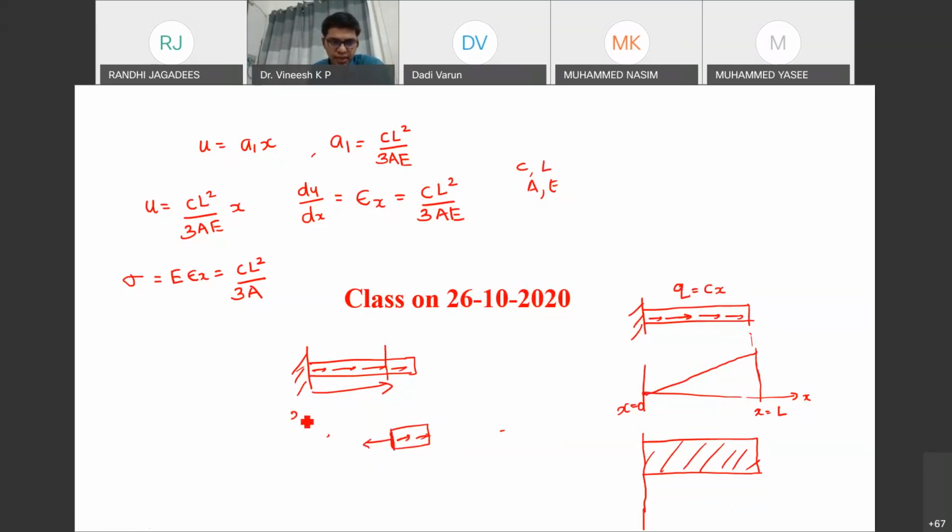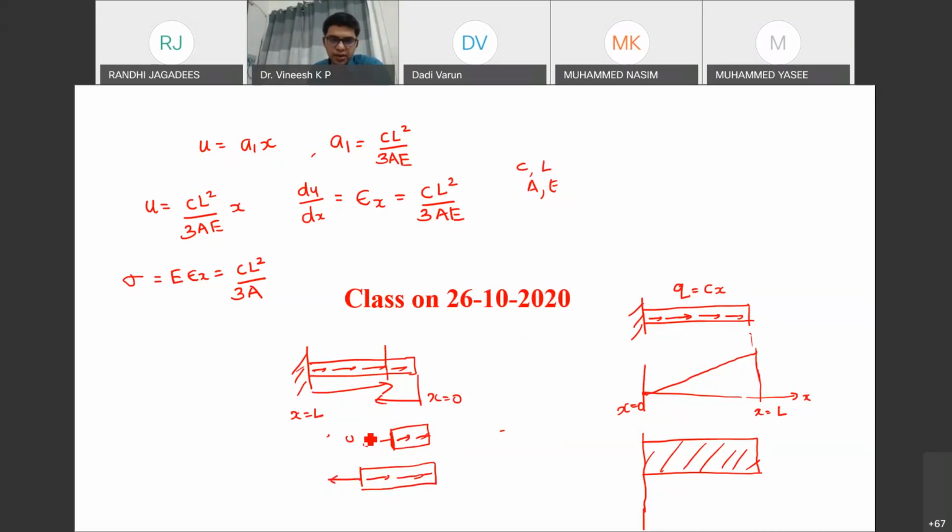What you will get is that when x equal to L, this force will become maximum. Let's say this is x equal to 0, and I am moving in this direction. When I'm moving from x equal to 0 to L, the force on this element will be increasing, so you will have higher stress.